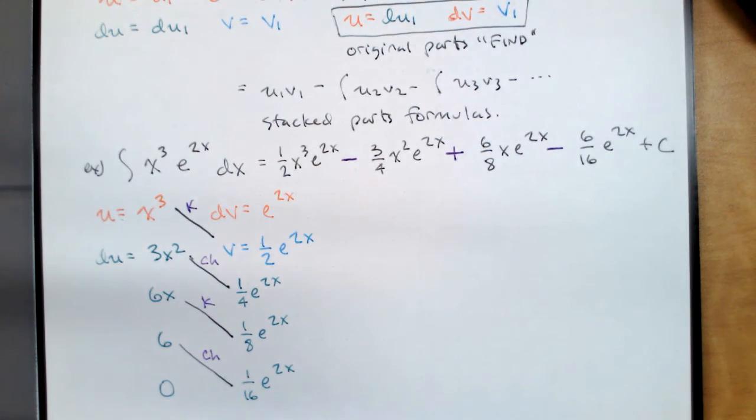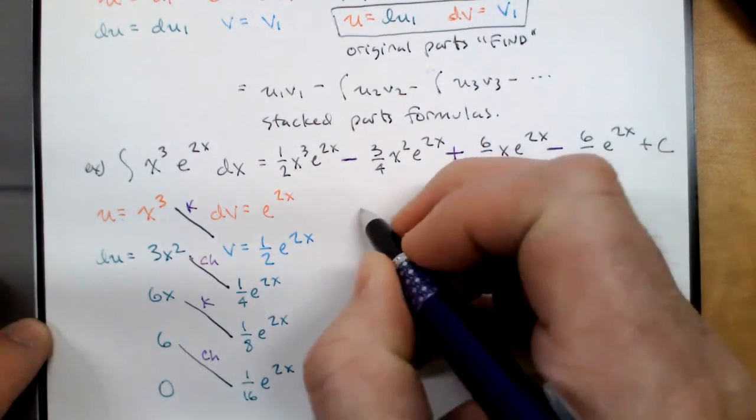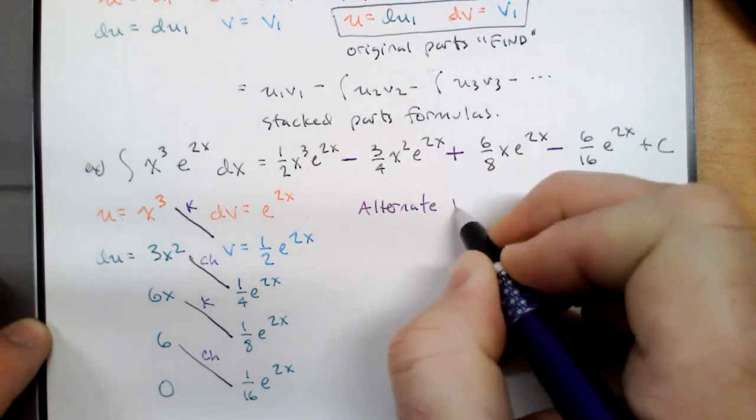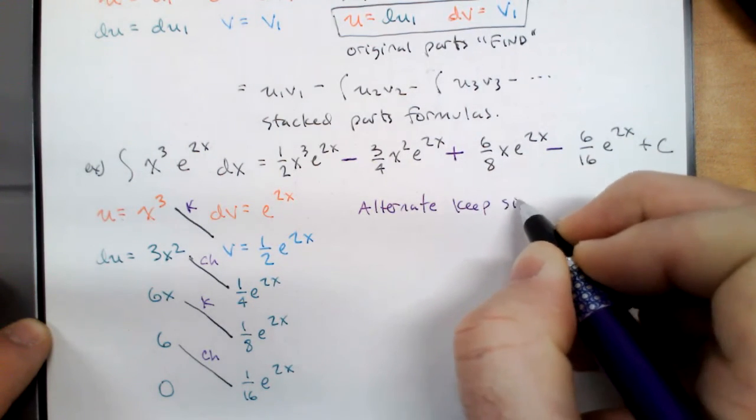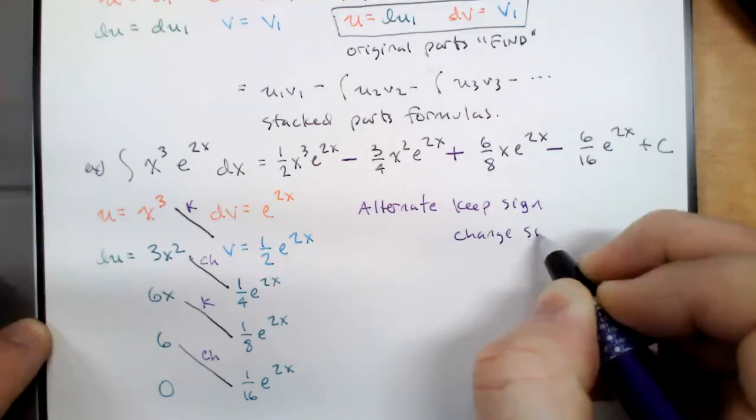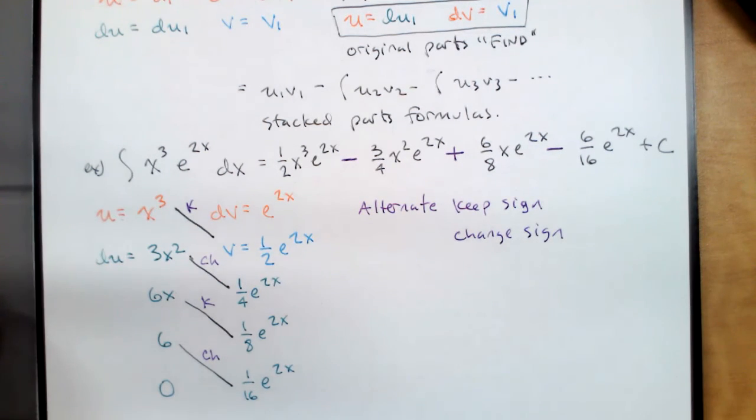So when we're alternating, keep the sign, change the sign. Don't think of alternating signs because we're not always going to alternate the sign. This one happened to alternate. So this is going to be a plus minus, plus minus, plus minus, but the next one will be different.